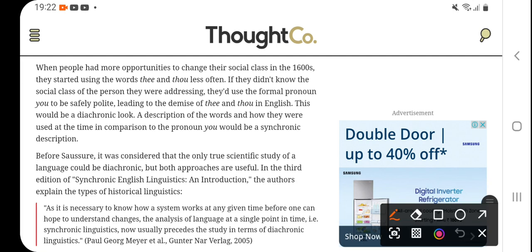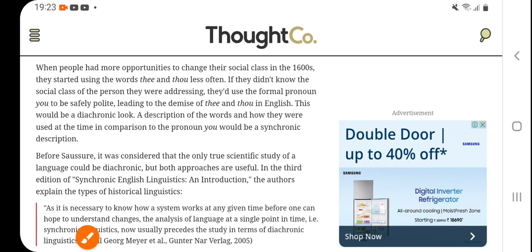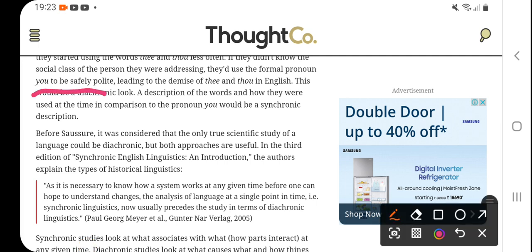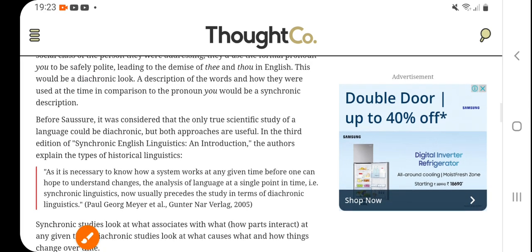When people had more opportunities to change their social class, these words were often used, and if they did not know the social class of the person they were addressing, they would use the formal pronoun you to be safely polite. So instead of thee and thou, you use you, leading to the demise of thee and thou in English.